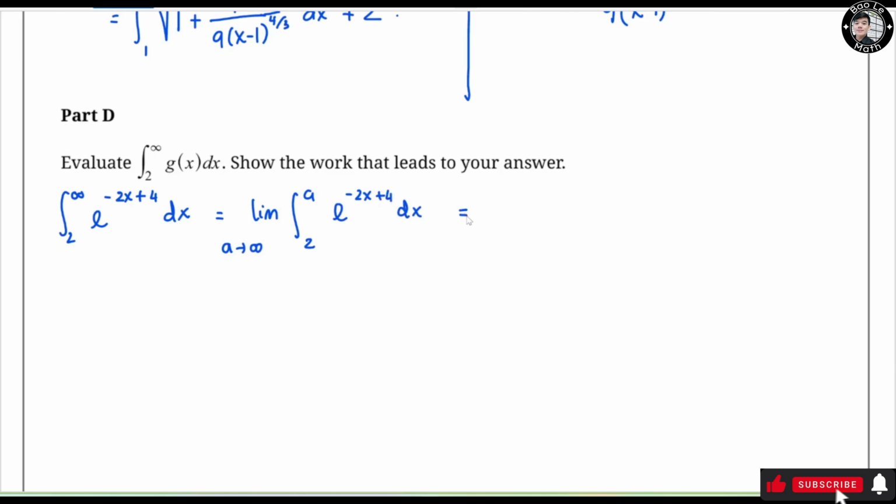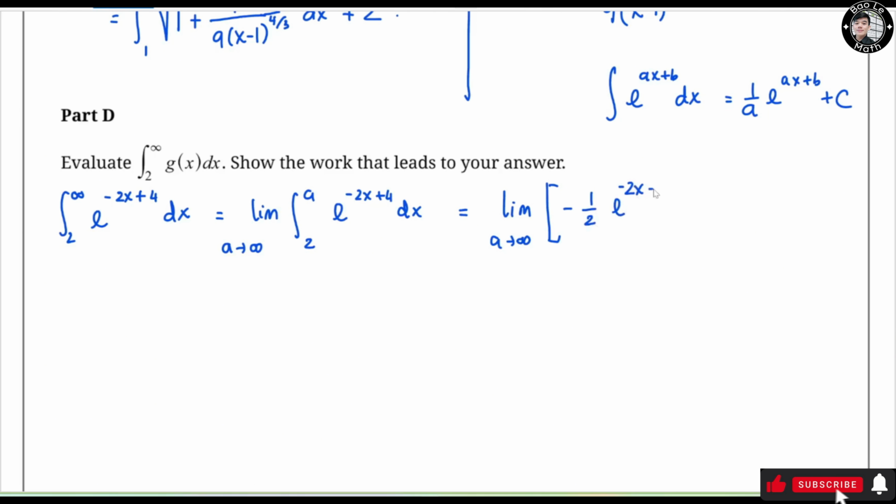Now remember, for e raised to the ax plus b, the antiderivative is 1 over a times e to the ax plus b, plus c. So keep that in mind. A in this situation is negative 2, so it's negative 1 over 2 e to the negative 2x plus 4, evaluated from 2 to a.